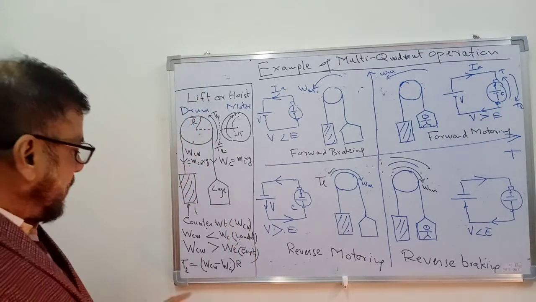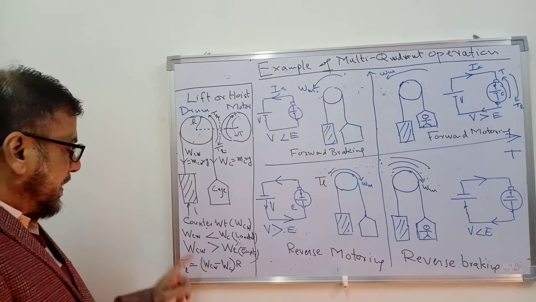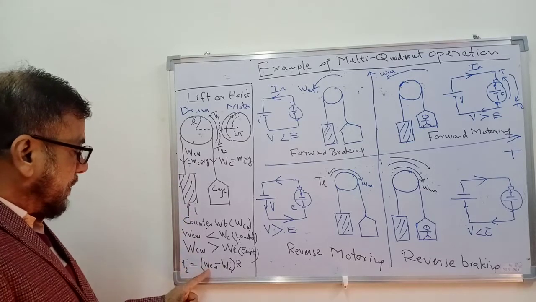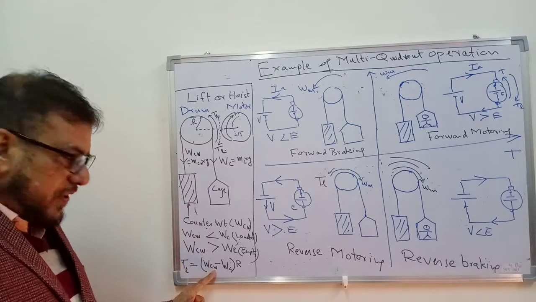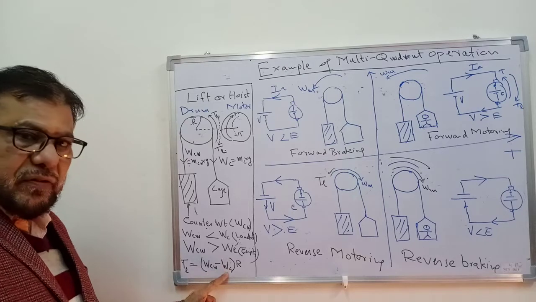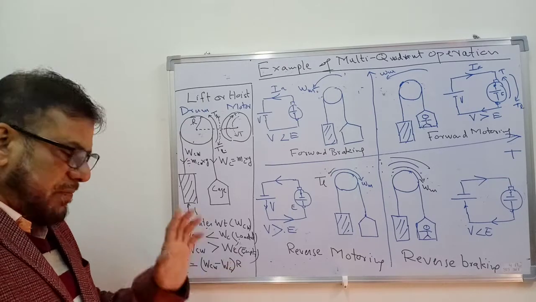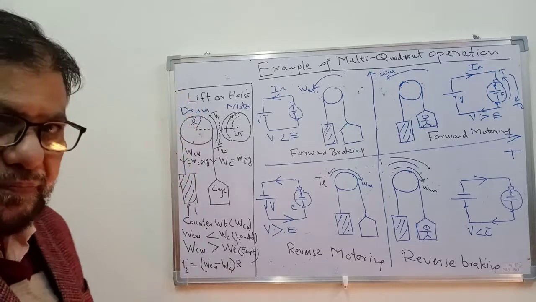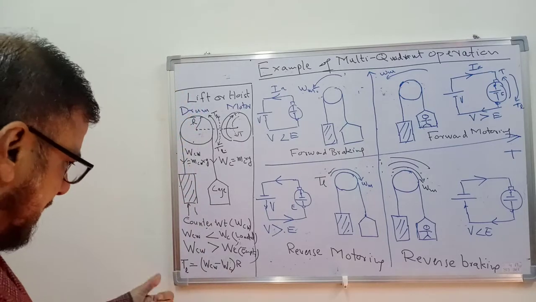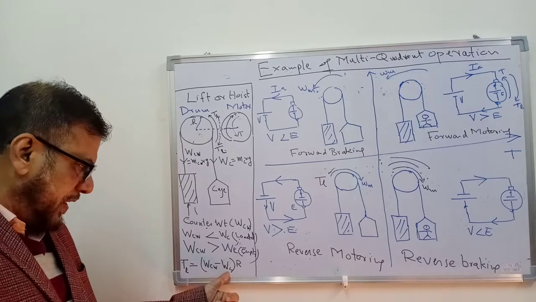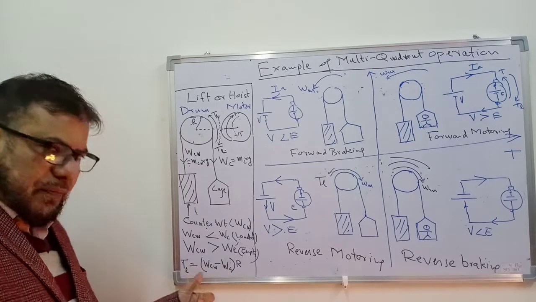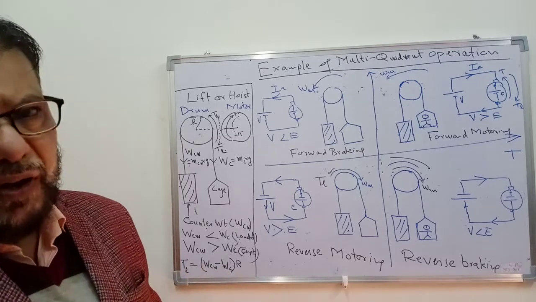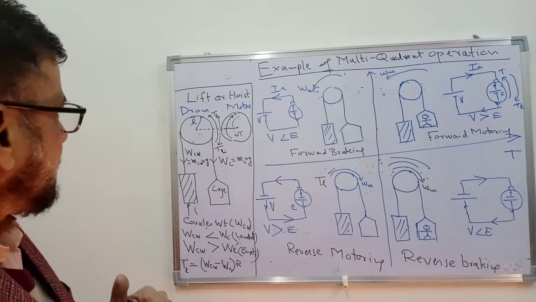So what is the total torque? That will be equal to WCW, that is weight of counterweight, minus weight of cage, multiplied by the radius of this pulley or the drum. So depending on the value of WC, the load torque can be positive or it can be negative.